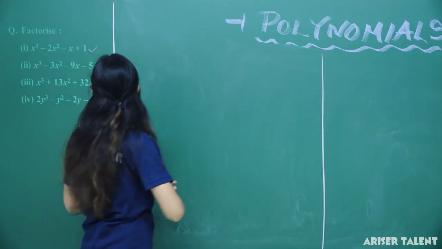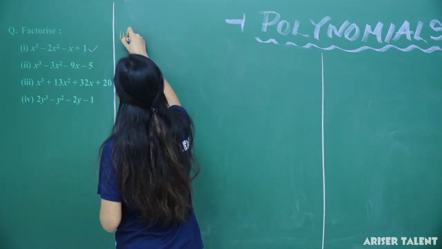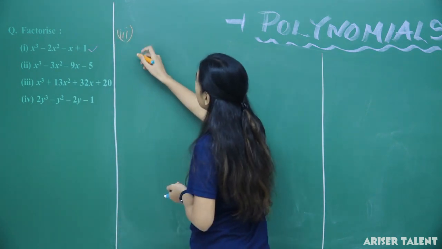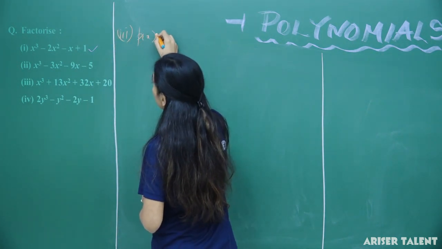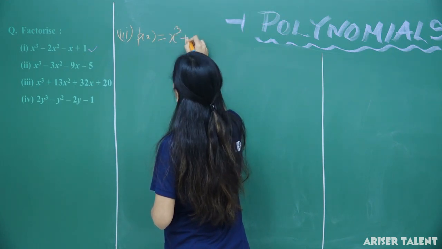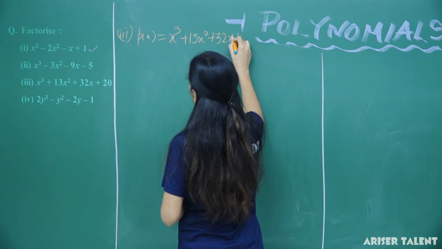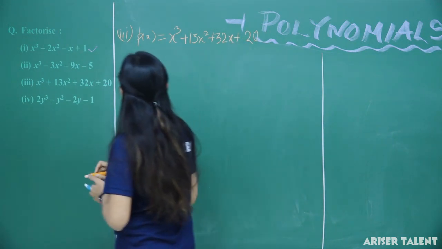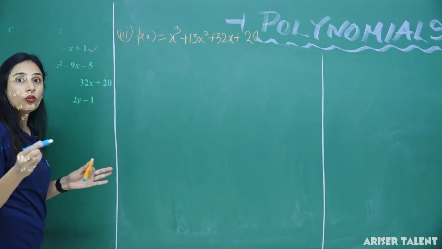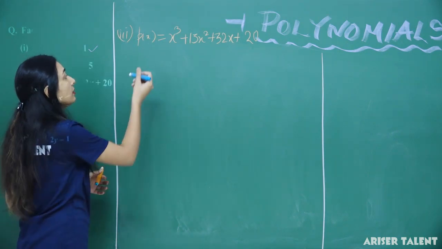Okay, so for this question number 3, we have p(x) equals x cube plus 13x square plus 32x plus 20. Now, you all know what the first step is.